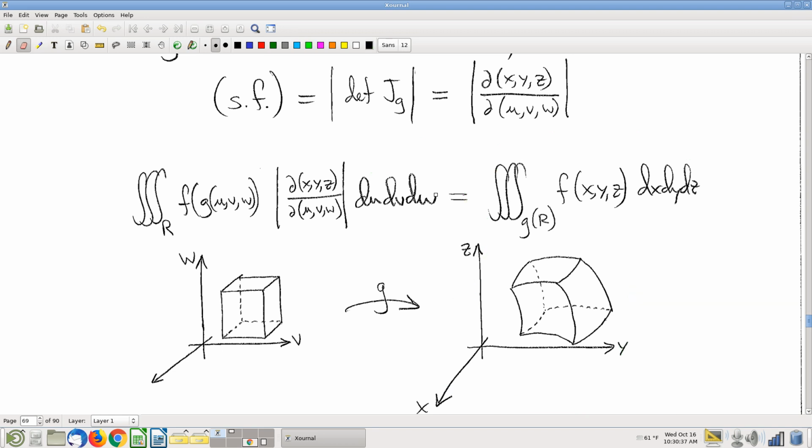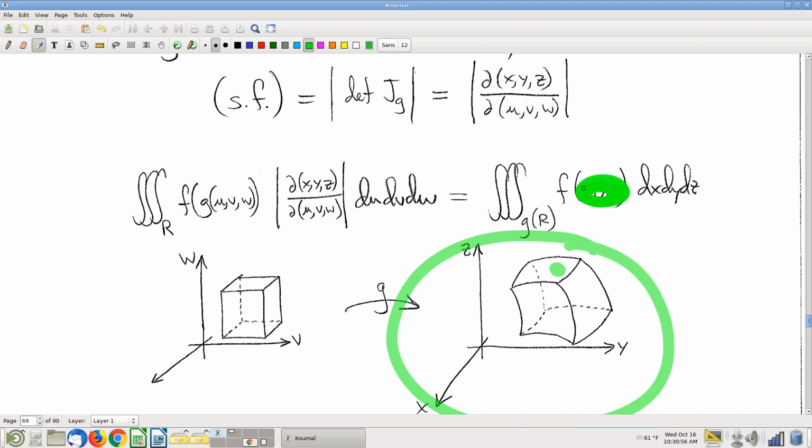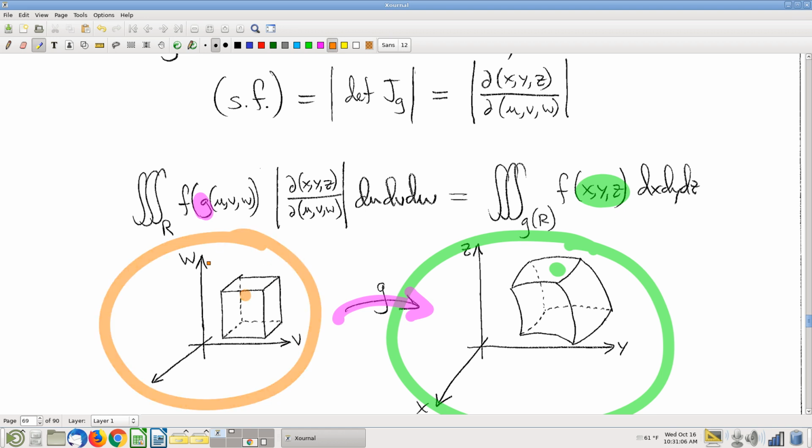The nature of the pullback is just like the nature of the pullback we did for two-dimensional change of variables. It's just like the nature of the pullback that we did for one-dimensional change of variables, namely the substitution rule. Namely, points over here in the xyz world, we already know that they are G of points over here in uvw world.